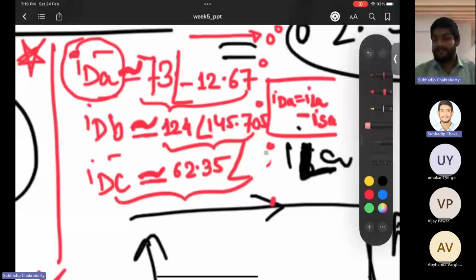Any observation, anyone? Is the DSTATCOM injecting only reactive power or not? Screen has been frozen. 1 second. Just off and then present again.